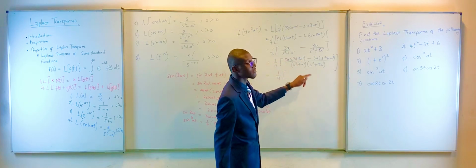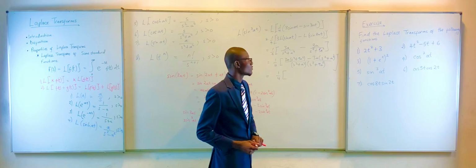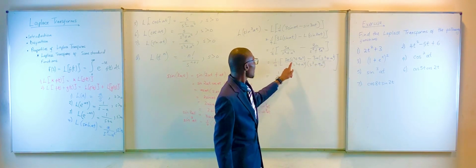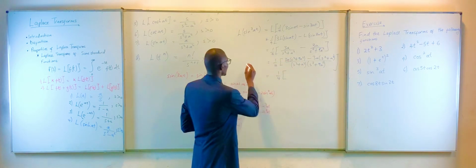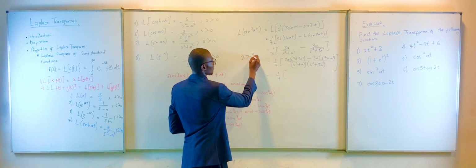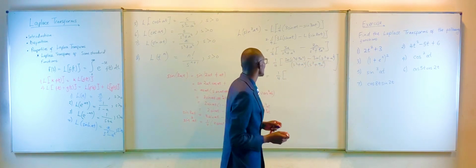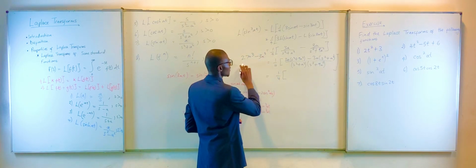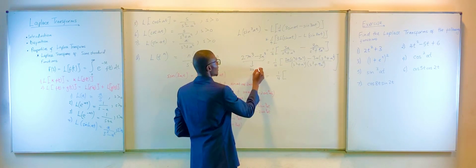Then 3a times 9a squared, that will give us 27a cubed, then minus 3a times a squared, that will be 3a cubed. So if we carry out the subtraction here, we get what? 24a cubed.